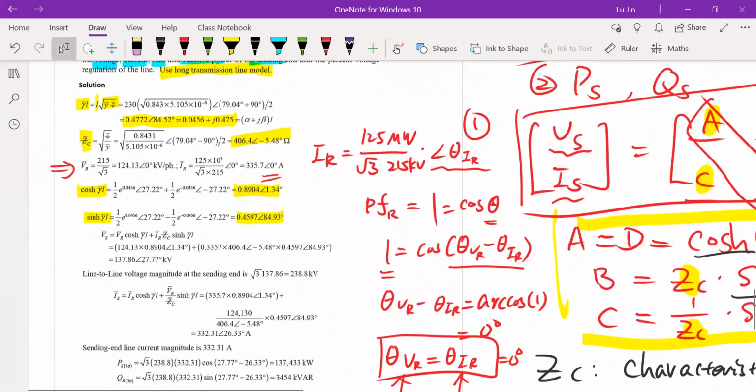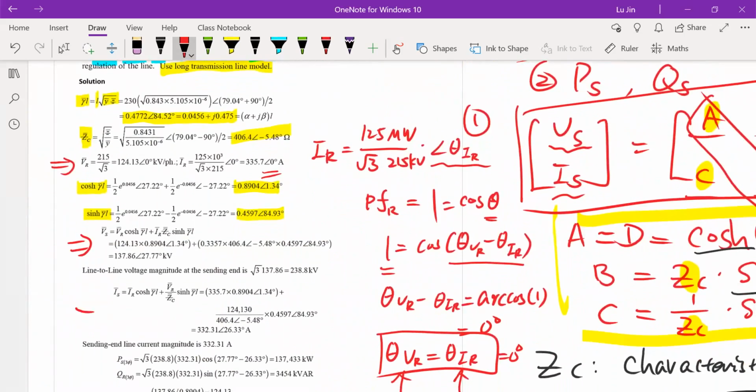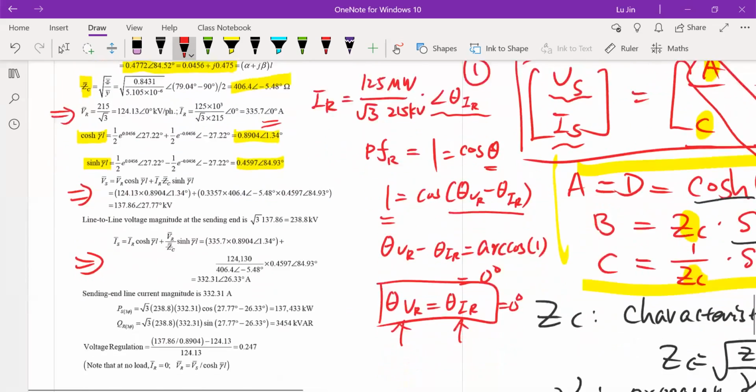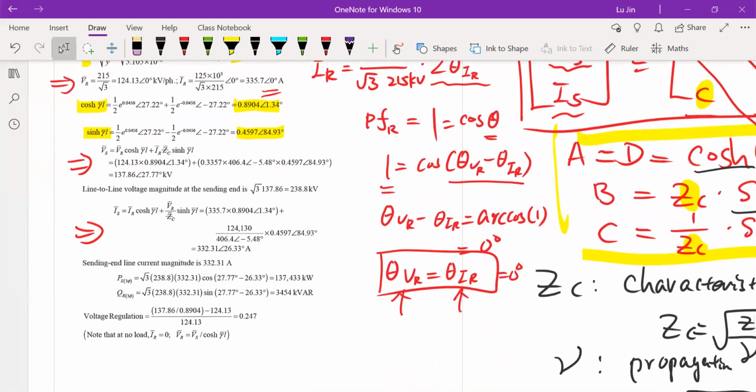Actually we have shown this calculation here and here, how to calculate VS and IS. So the first part is done. After you finish this calculation, this VS and IS should be the phase voltage and phase current at the sending end. Based on this information, we need to determine what is the real power and reactive power.